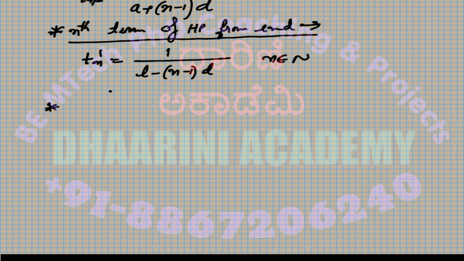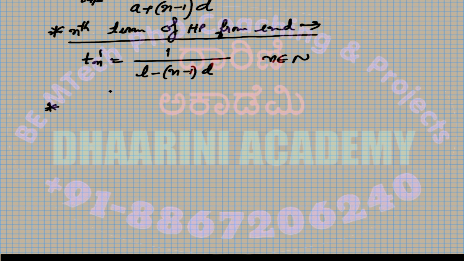So that is 1 by the nth term of HP from the beginning plus 1 divided by the same nth term of HP from the end.